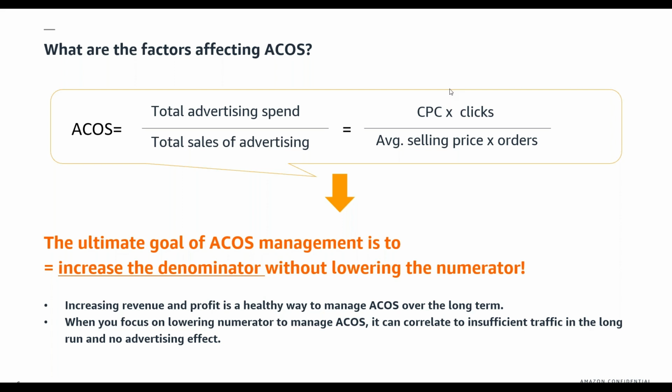Of course, it will lower your ACOS in the short term, but it will also impact your number of orders. Because you're not running any ad campaigns, people are not going to see your ads, and it will impact your impressions. I would consider that a short-term solution. The long-term solution is to figure out how to increase your orders.